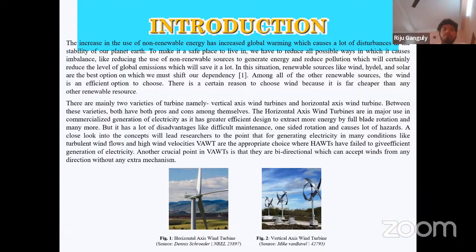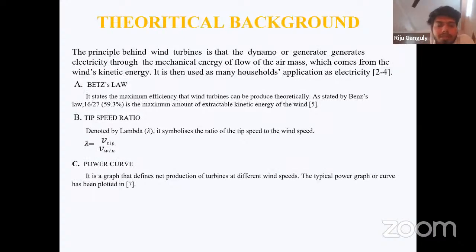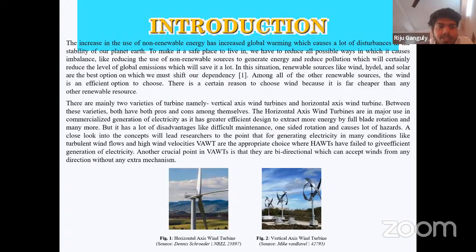So there are mainly two varieties of turbine, namely vertical axis wind turbines and horizontal axis wind turbines. From this diagram, sir, between these two types, both have pros and cons. The horizontal axis wind turbines are in major use in commercialized generation of electricity, as they have a more efficient design to extract more energy by full rotation and many more.